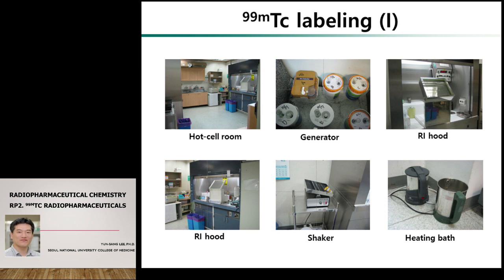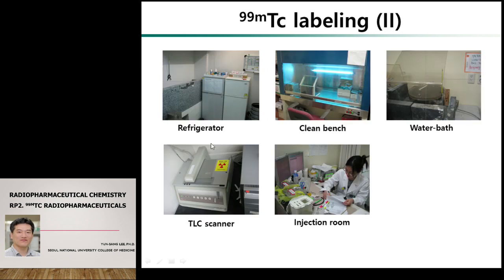I think now we don't use a heating bath, just a heating mantle or hot heating block. You have to keep all the kits in a freezer. And finally, we could inject in an injection room. We deliver to the injection room.